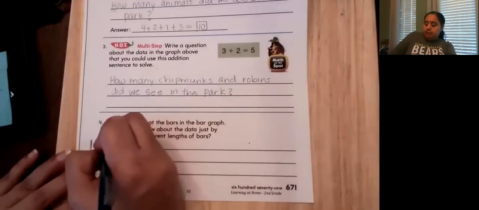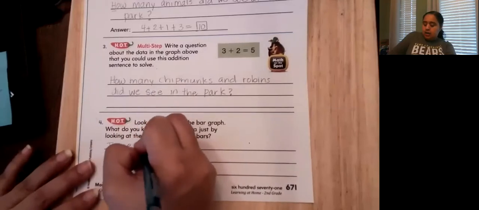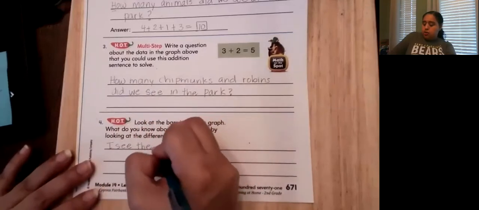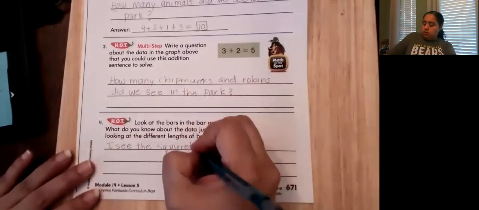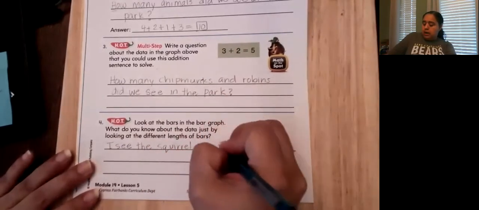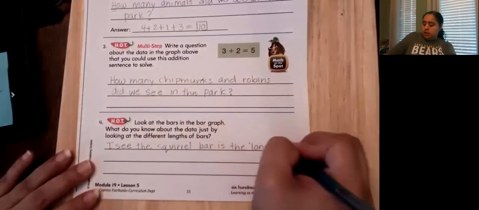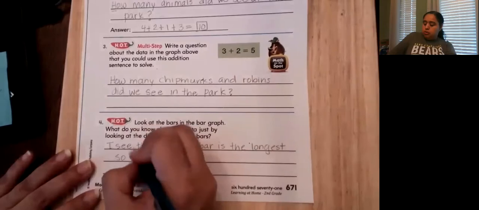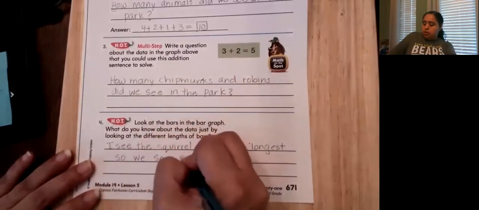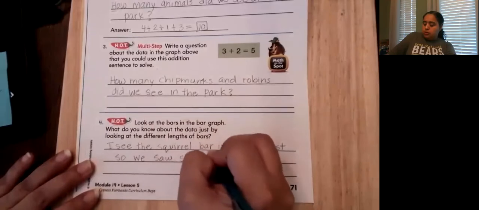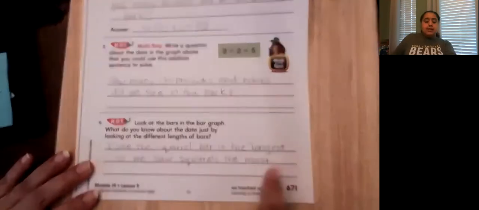So I can say, I see the squirrel bar is the longest. So we saw squirrels the most. This is my sentence.